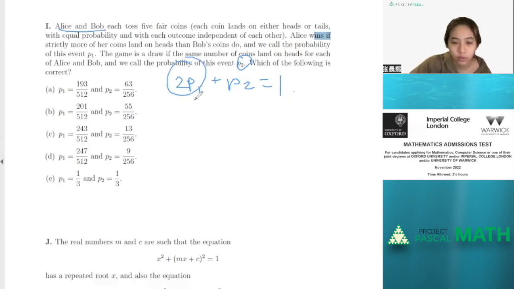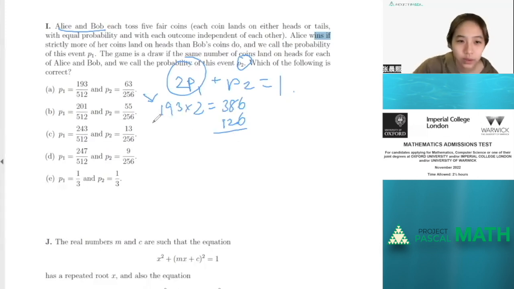So, well, if you check for this, 193 times 2 equals 386 plus 126, which also gives you 512. I think perhaps most of their solutions do fulfill this condition.